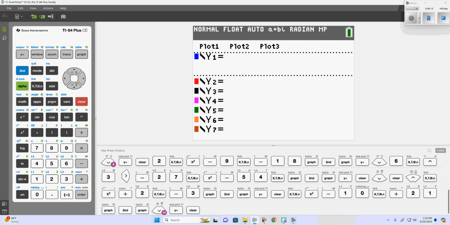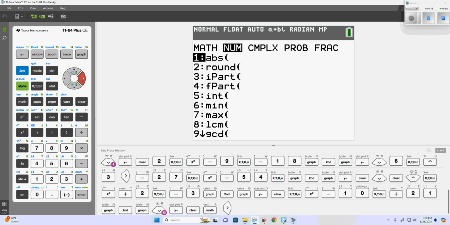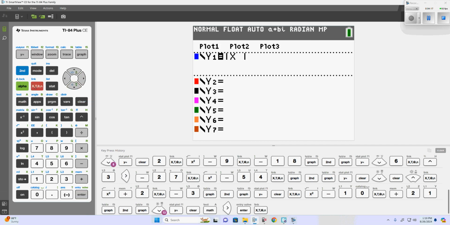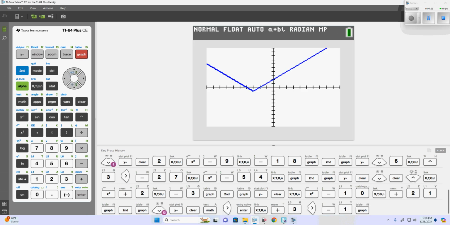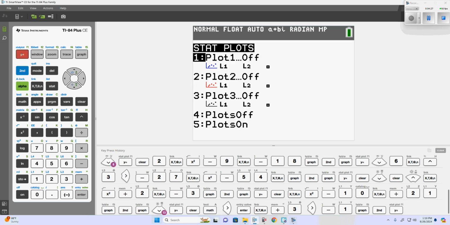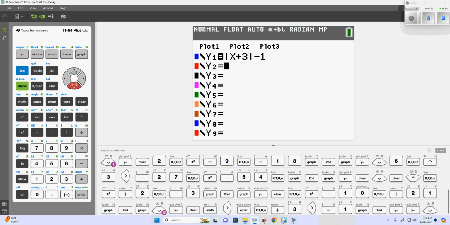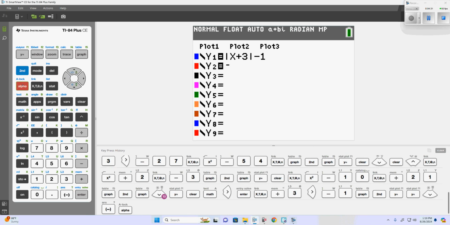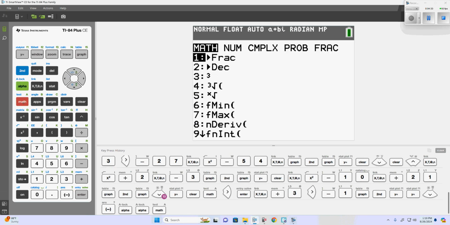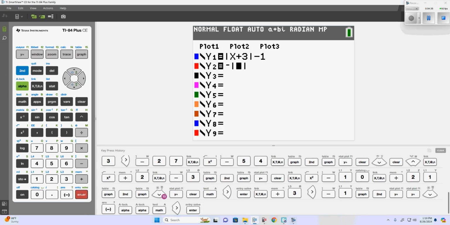And if we want to look at the graph of it, math, absolute value of x plus 3 minus 1, we get this here. Y equals negative, not alpha, math, absolute value of x plus 3 minus 1.